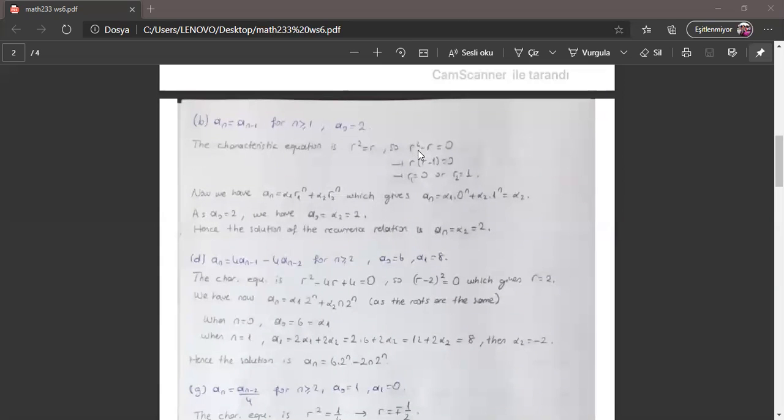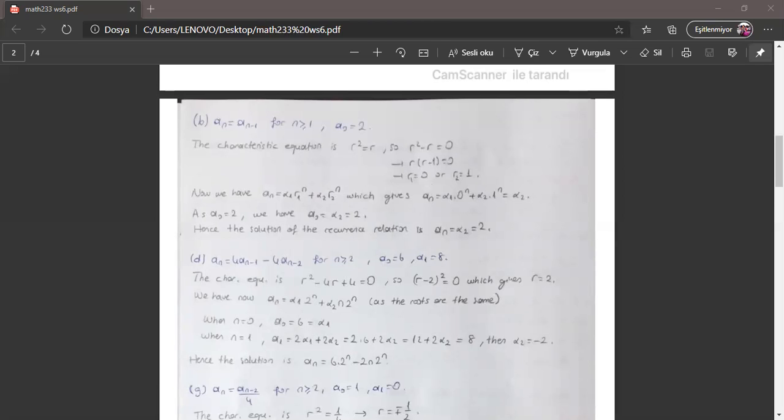We have r squared minus r equals 0. We factor out r, and we get r1 equals 0 or r2 equals 1. We just denote them by r sub 1 and r sub 2. It means we have two roots for this equality. One of them is 0 and the other one is 1.